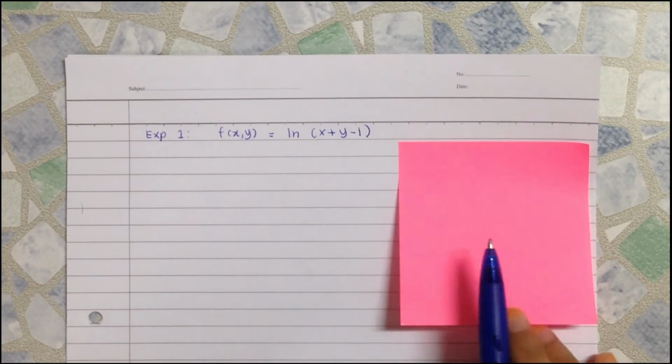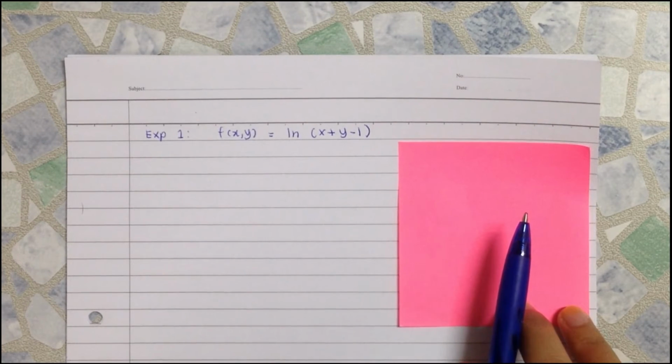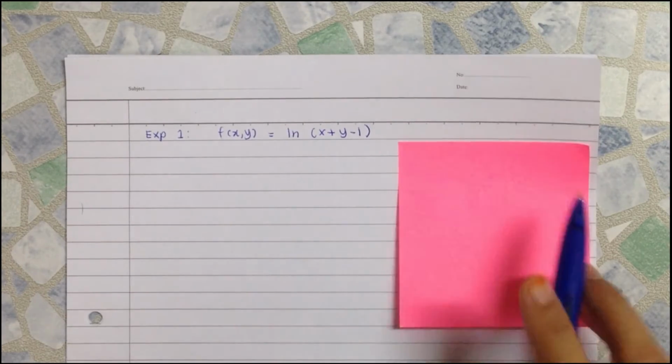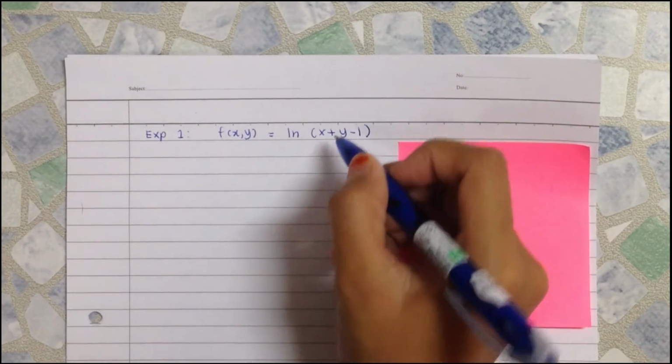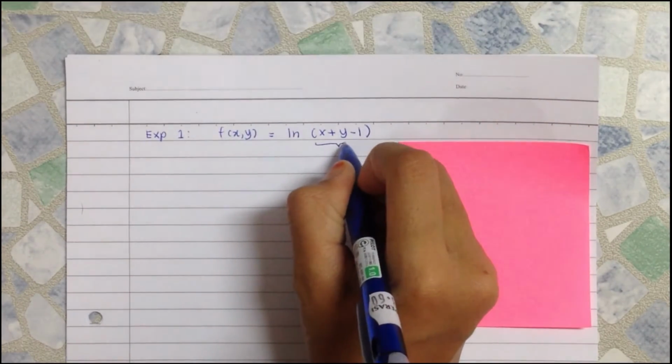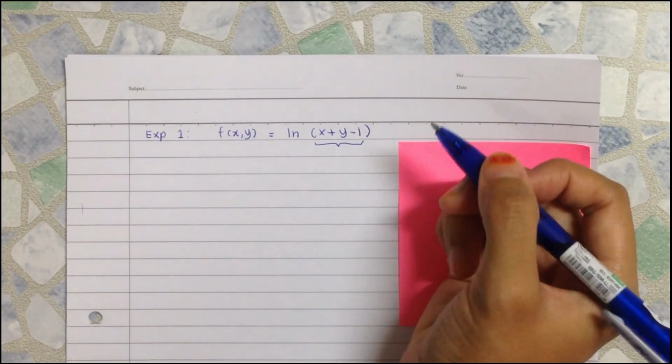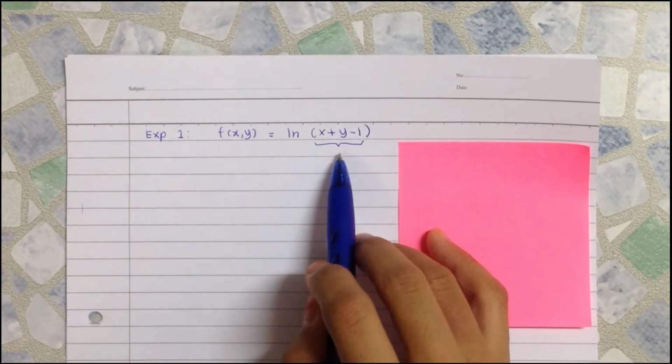So for the first question, basically you need to know what's the restriction on a natural log. Whatever is on the inside of a natural log has to be something positive.